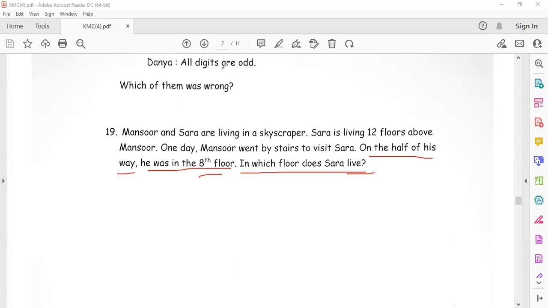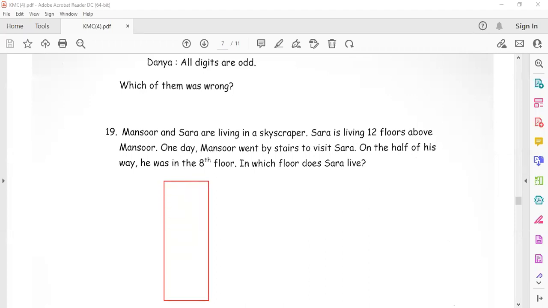Now, guys, for these kinds of questions, please draw carefully. Now we draw a building, okay? We draw a building and we know that Mansoor and Sarah are living in a skyscraper. Sarah is living 12 floors above Mansoor, which means who is on top? Sarah is on top. Who is at the bottom here?